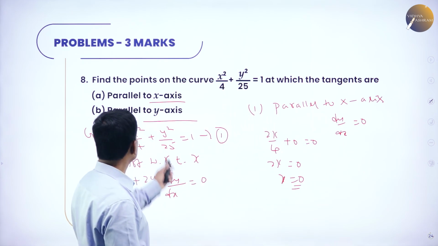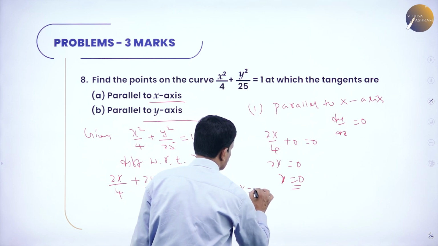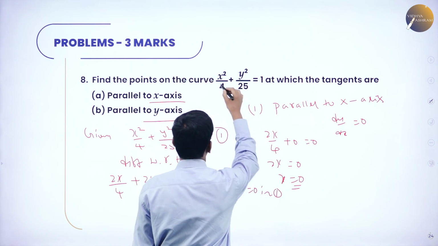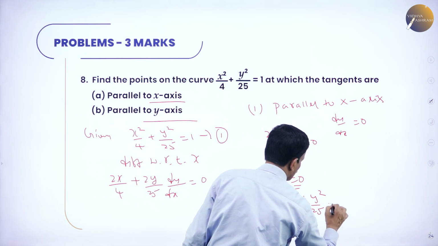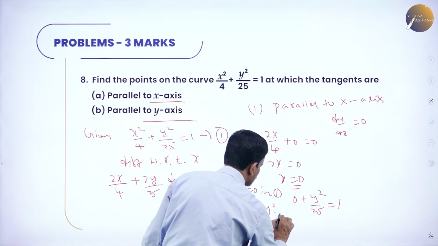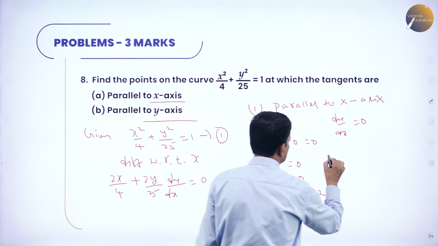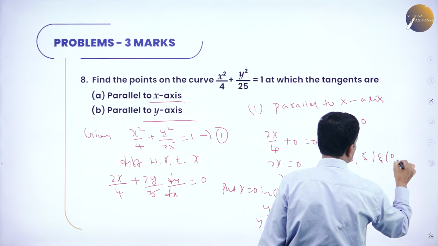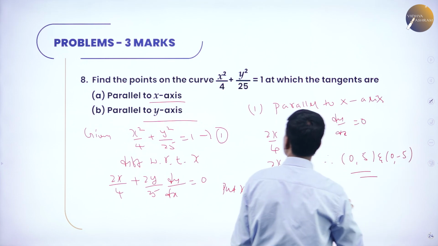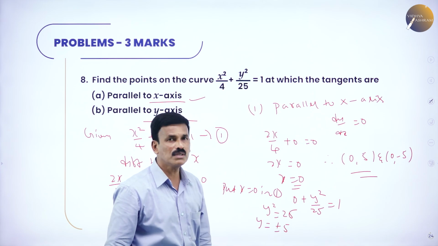Now put x is equal to 0 in equation number 1. So you will get 0 plus y square by 25 is equal to 1, means y square is equal to 25, y is equal to plus or minus 5. So therefore the points are 0, 5 and 0, minus 5 where the tangent is parallel to x-axis.